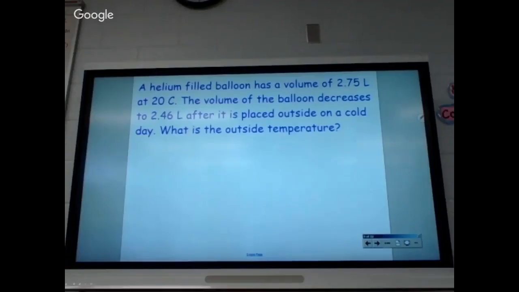Do you have to put it in scientific notation? Come on, you got it done?